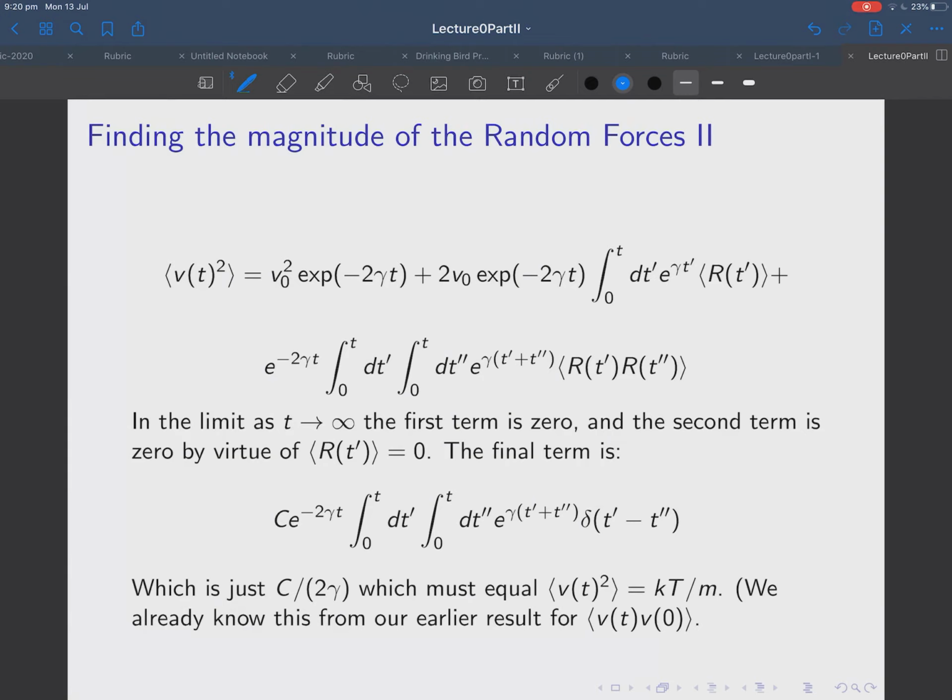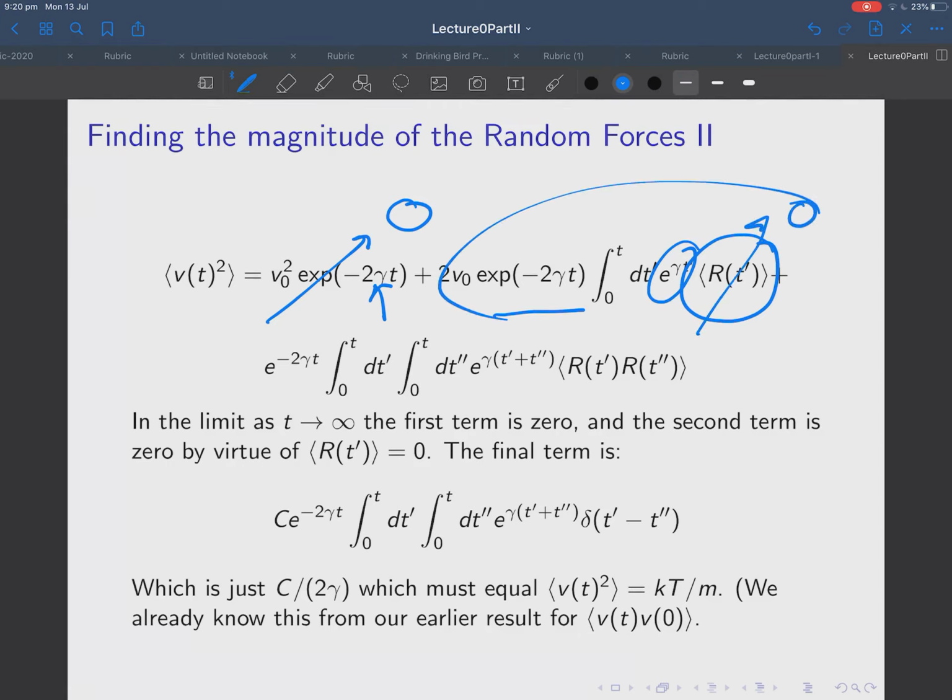So the first term, if we do the limit of very large t, is 0, because that just makes everything diminish. The second term is also 0, even though it's got this gamma t thing here, because the average of all these, left and right, are the same as far as thermal kicks go, so that must be 0 as well. So this whole term is 0.